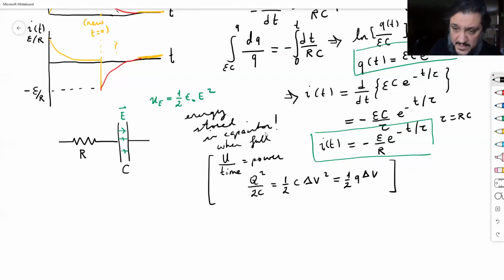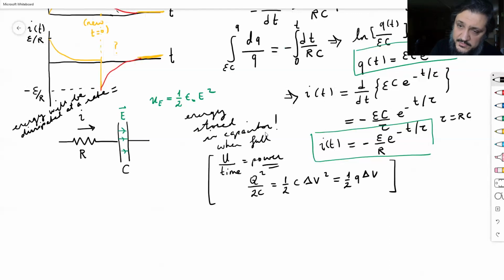So when you have a current I, energy will be dissipated at a rate, which is by definition power, equal to I squared times R. Okay, I squared times R.